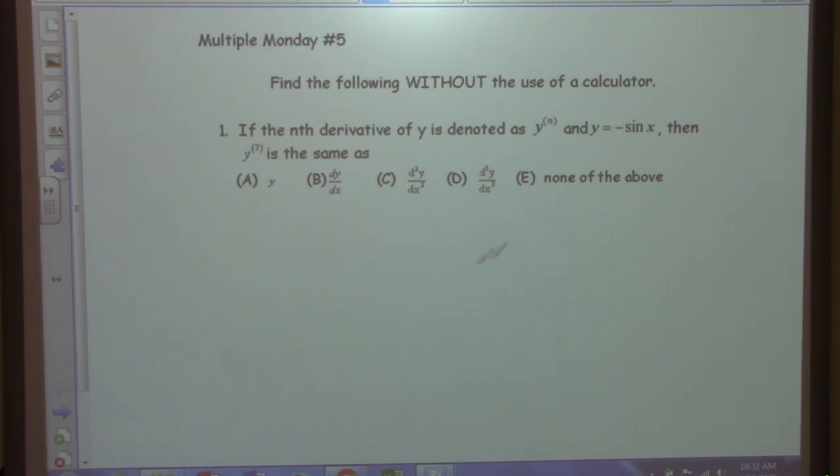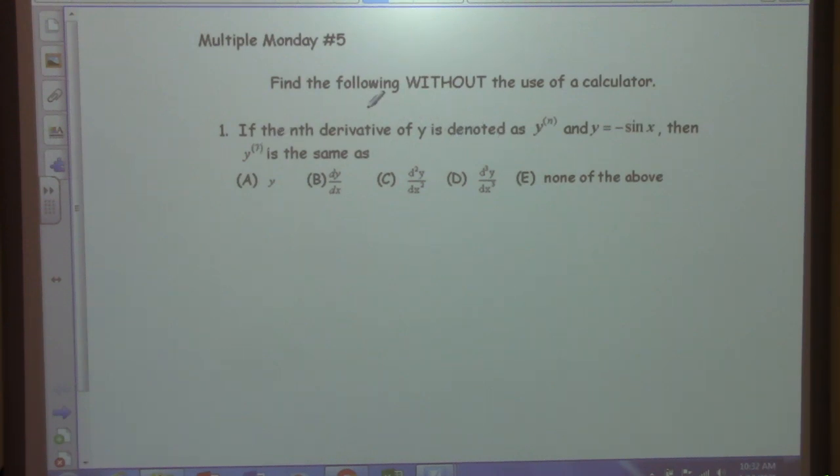All right, how did you look at this one? Let me show you what it is here. The nth derivative of y is y, and you have y equals negative sine x, then y seventh.